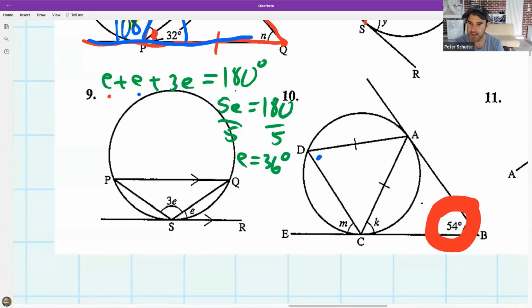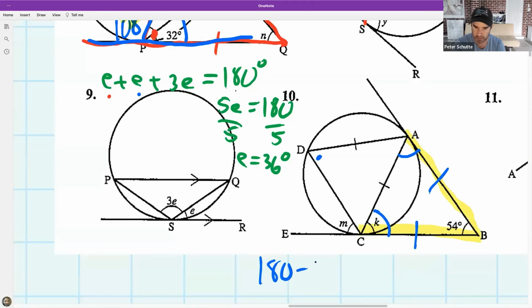Okay, so I'm going to try and get K first. I think this is a tangent from a common point, which means these two sides are equal, which means this angle and this angle are going to be equal. And I know that that triangle must add up to 180.